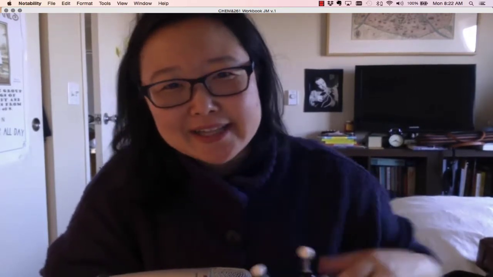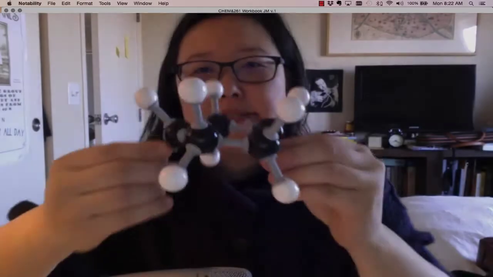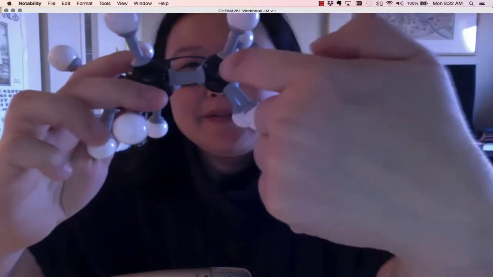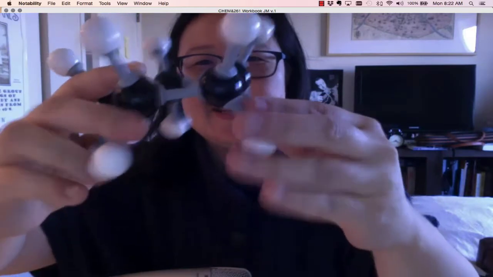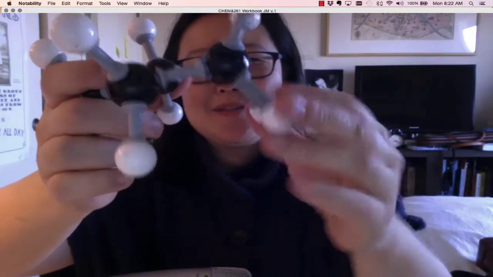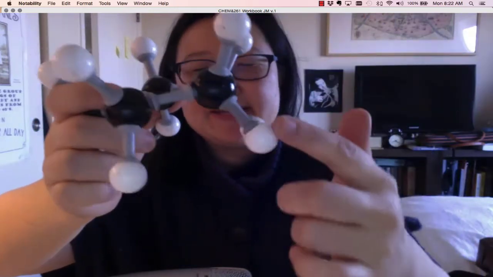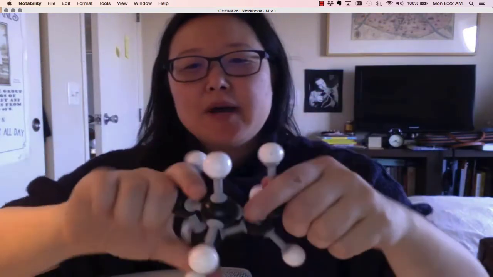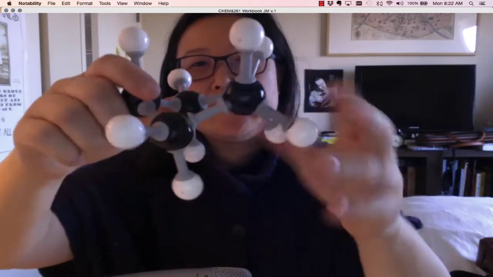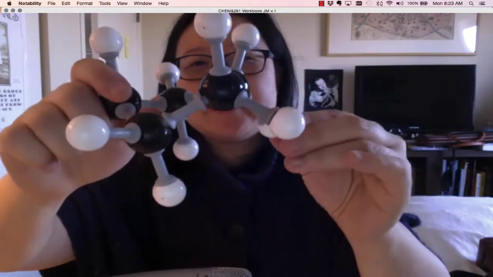Now let's try cyclopentane. When I build cyclopentane to be flat, you can see by sighting down the bond that there is a bit of eclipse going on, right? You see alignment between these hydrogens. So again, try to twist this molecule, and there is a way to get almost staggered.